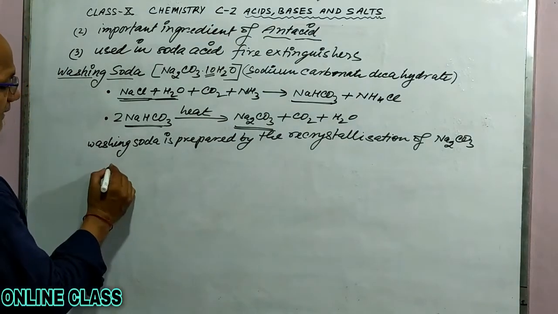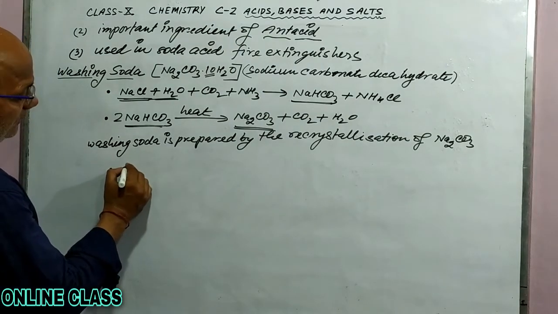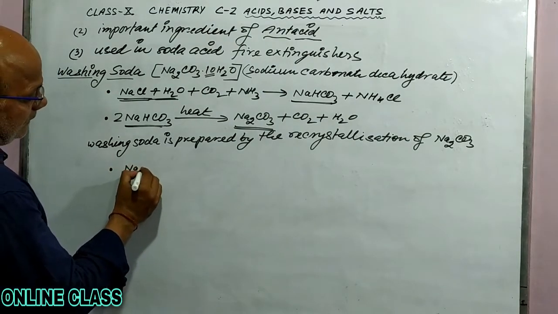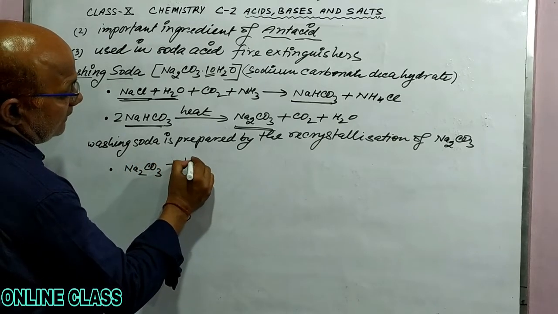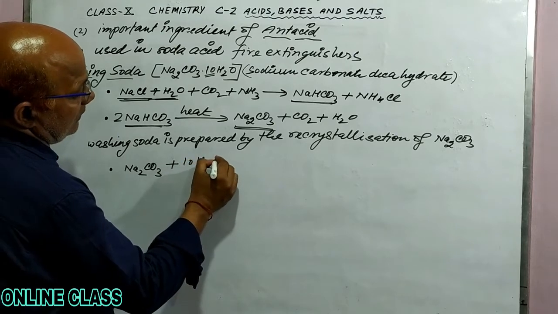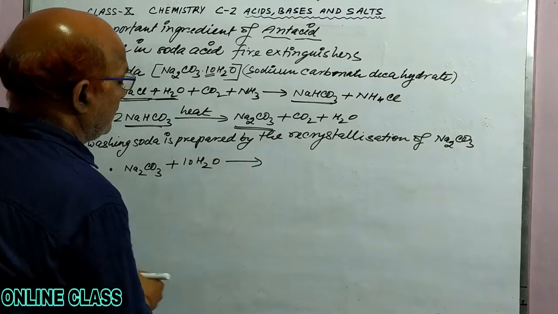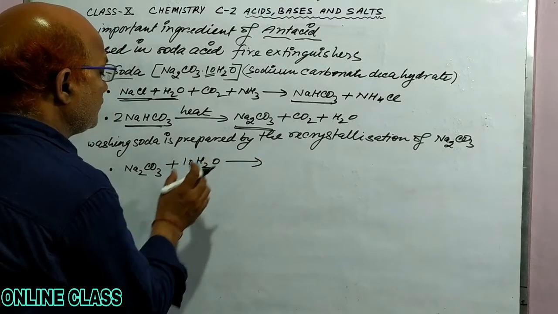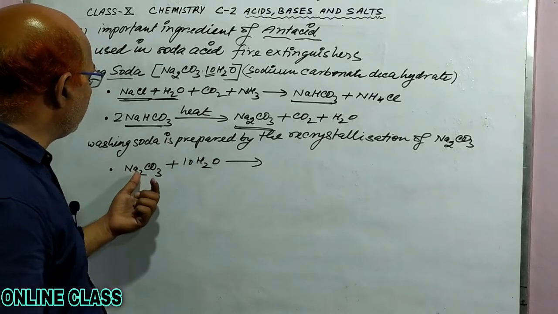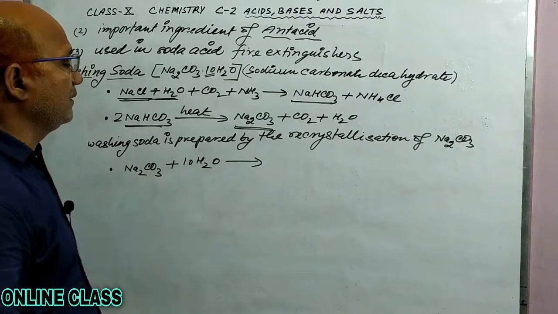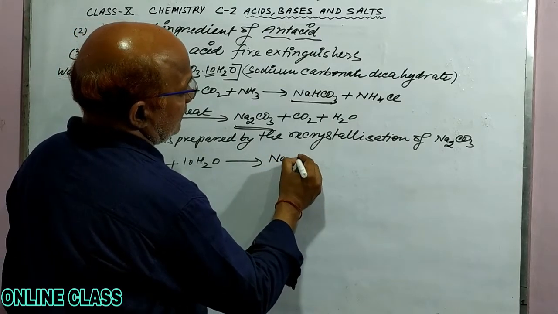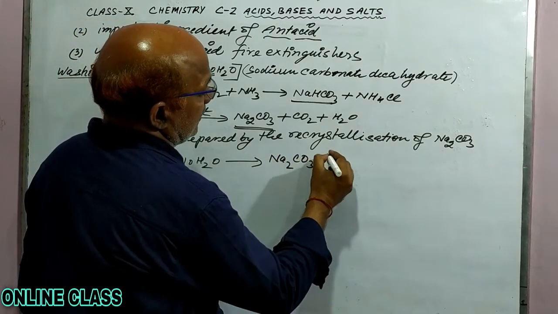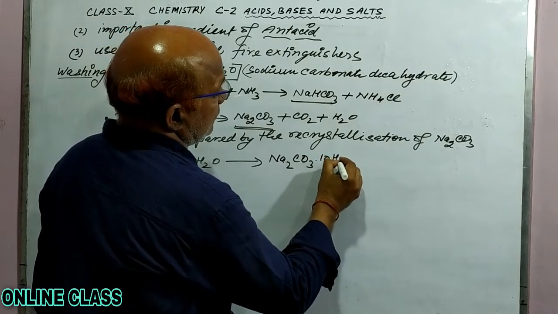So, let us see in the third step. Na2CO3 plus 10H2O. Then these water molecules get combined with this formula unit of salt, and it forms Na2CO3·10H2O.